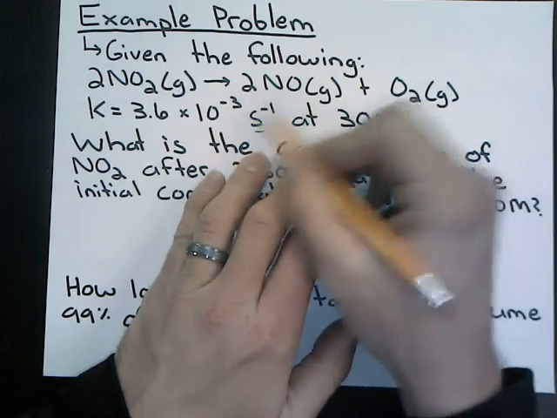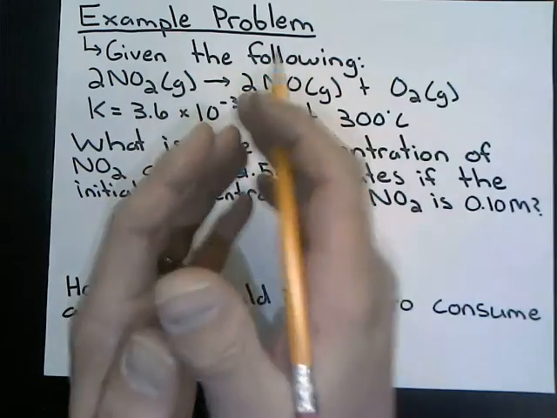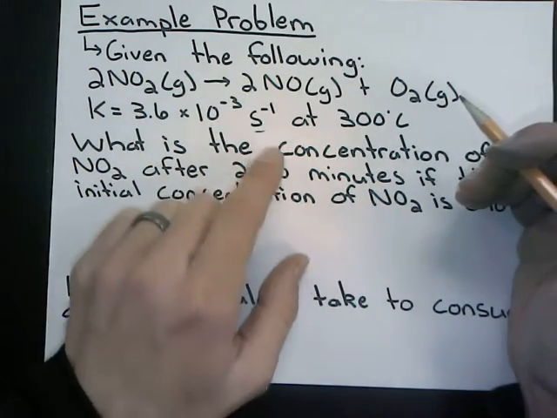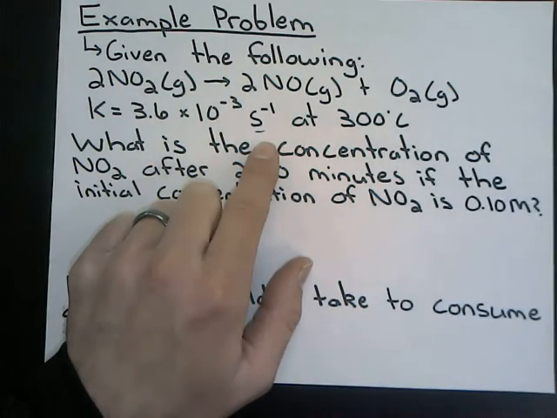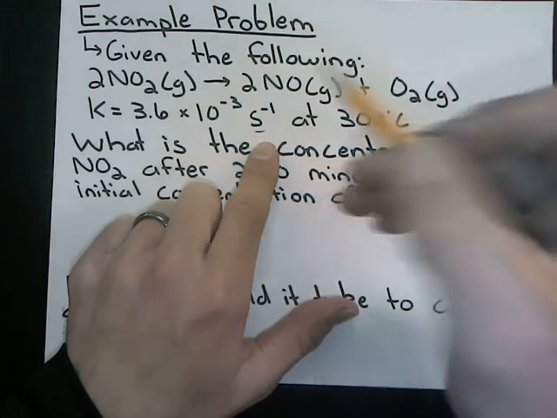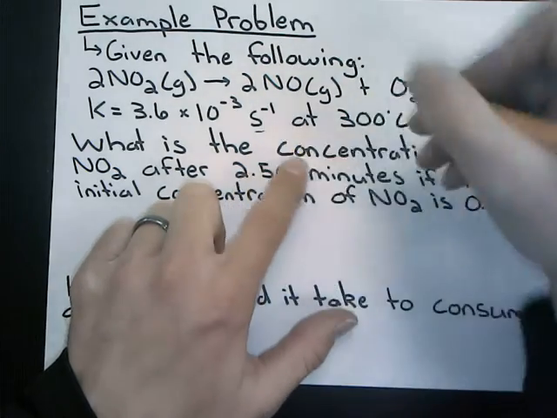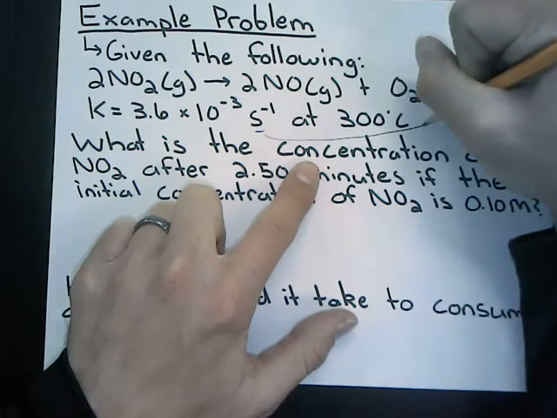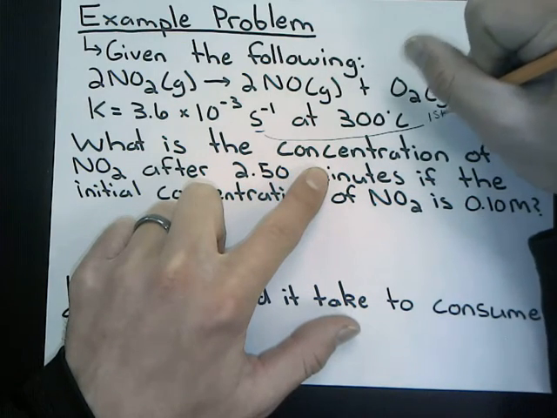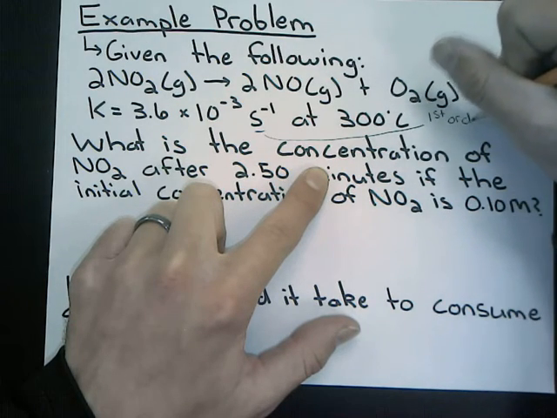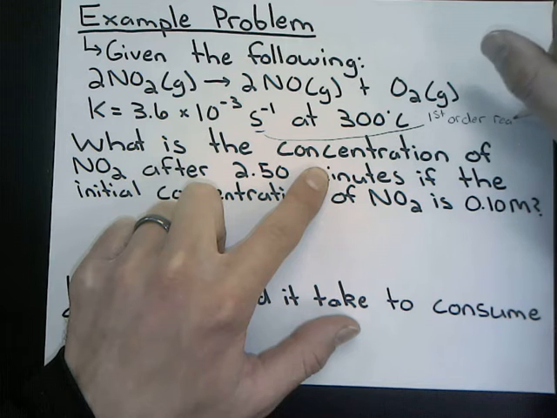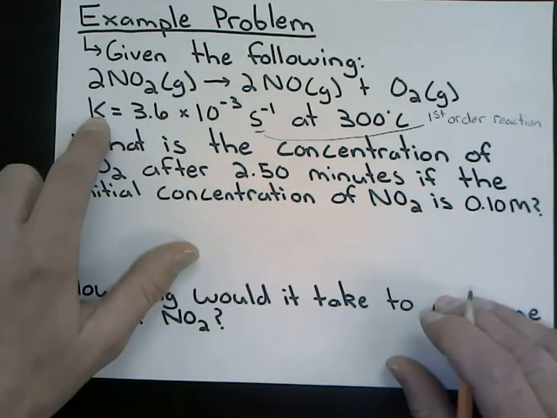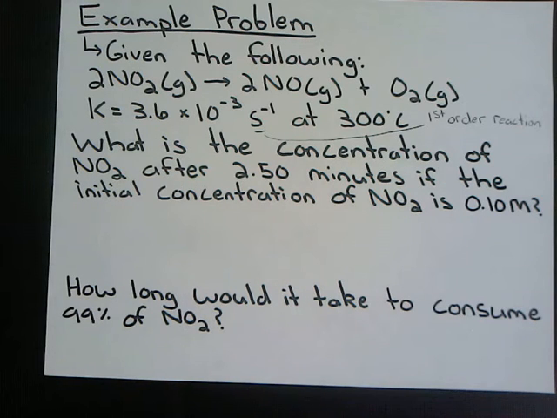This unit for K is going to tell me the reaction order. I know just from memory, and you can look it up in prior notes, inverse second means that this is a first order reaction just from the unit of K. And it's really important to understand what the units of K are and how to remember that.